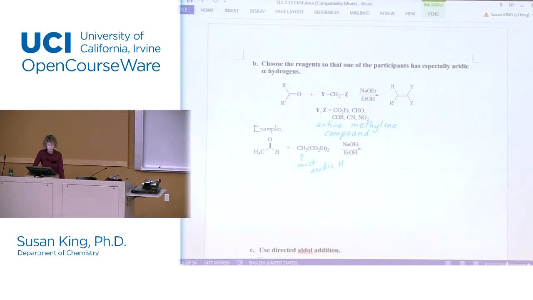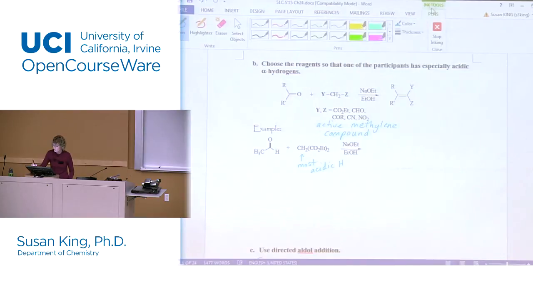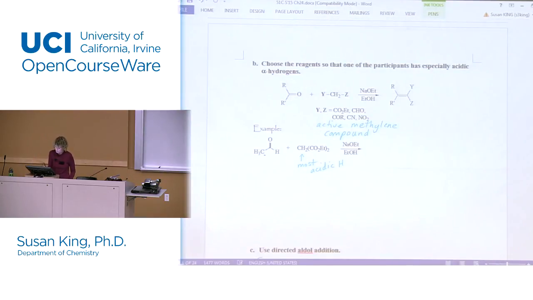What's more electrophilic? Aldehyde. So we're going to attack the aldehyde exclusively. When we have one enolate that's going to exclusively form in one of the reagents and it's going to attack selectively the other reagent, you're going to have a clean crossed aldol reaction. So that's the most acidic hydrogen.